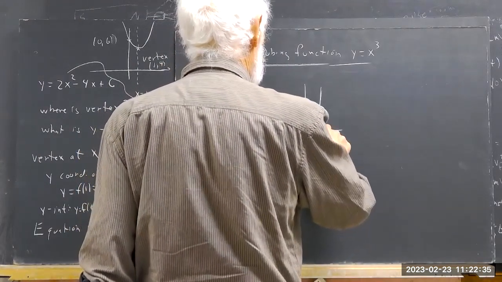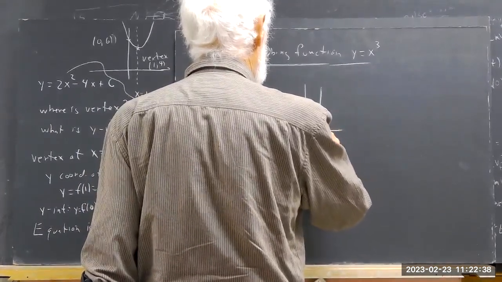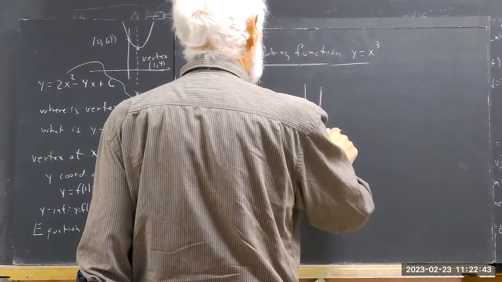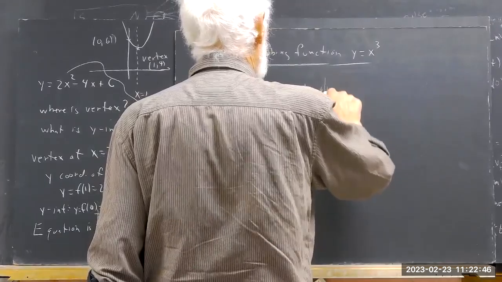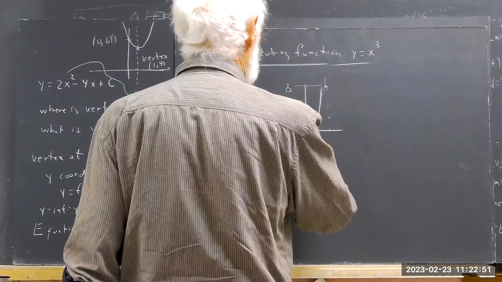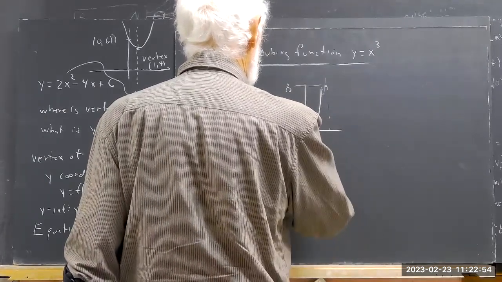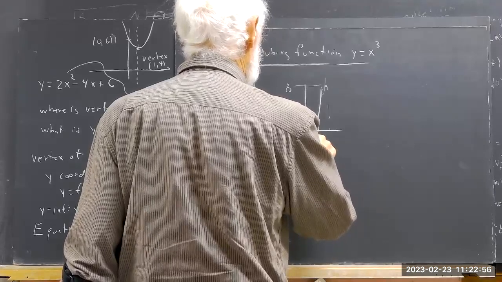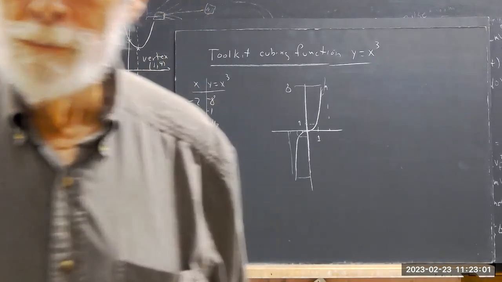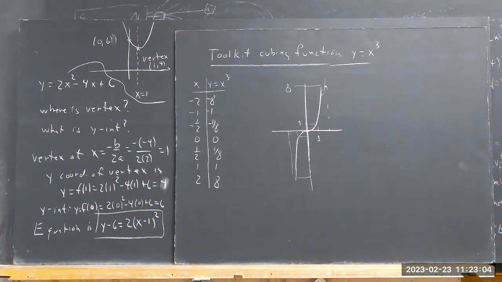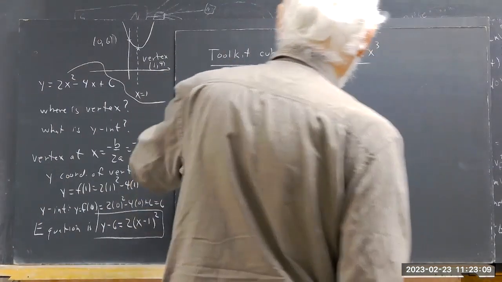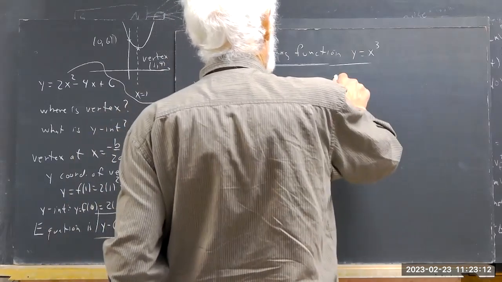Like 1 is here, and when you come out to 2, you go all the way up here and you get 8. I made it a little too steep. -1 is here, -2, -8, and 1/8. So you do a good job of the toolkit cubic function. If you haven't graphed that several times, graph it several times at home. This is your y equals x cubed.